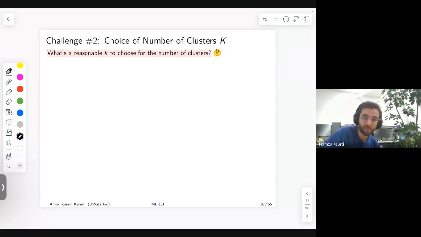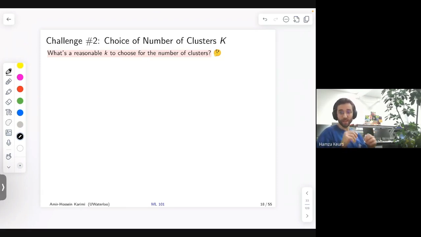For the elbow, it's basically you pick the smallest k, and then you keep on increasing, and you track the best loss that you get for that number k. There will always be a decrease in the loss. Eventually it gets to 0, right?